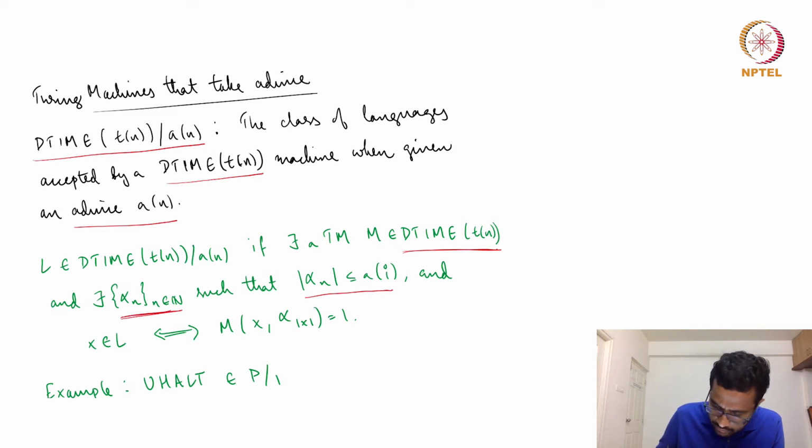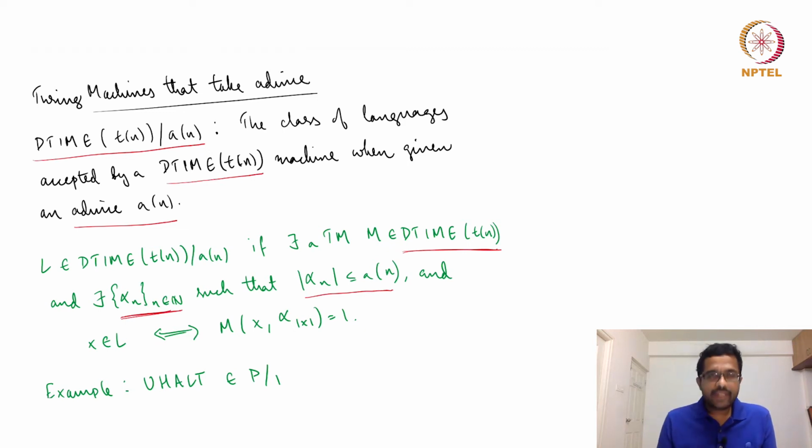Okay, so this is a typo, this should be a(n), where a(n) is some function, it could be polynomial, exponential, logarithmic, whatever. So the alpha n is the advice string, and the length of the advice string should not be more than a(n). So this is the definition of a Turing machine that takes advice.